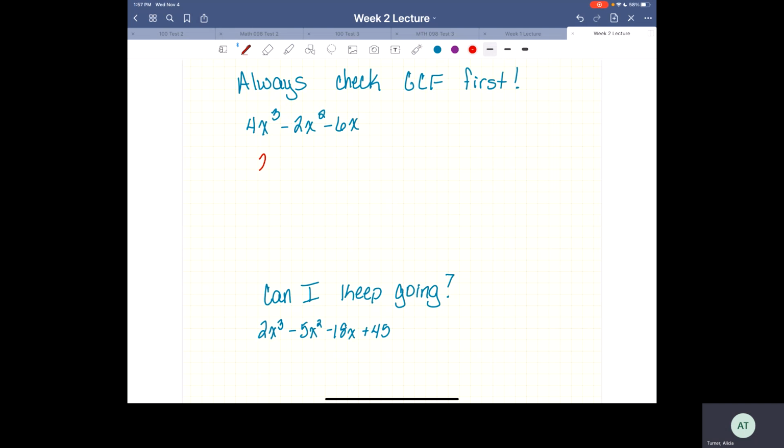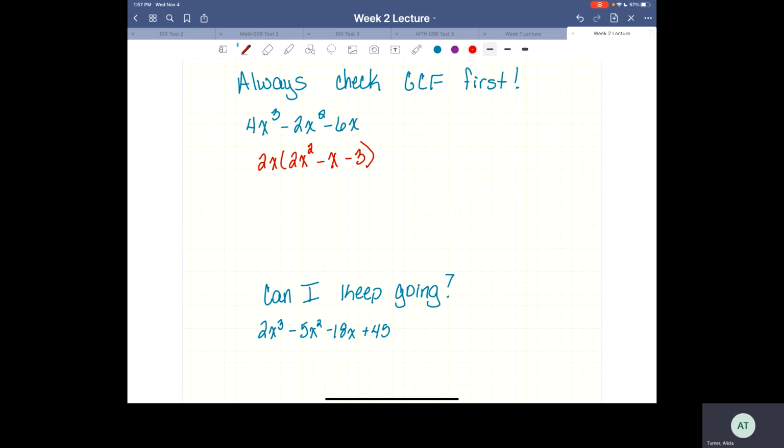So I can factor out a 2x. And when I factor out that 2x, it makes this easier to factor. So we want to be sure that we do that.